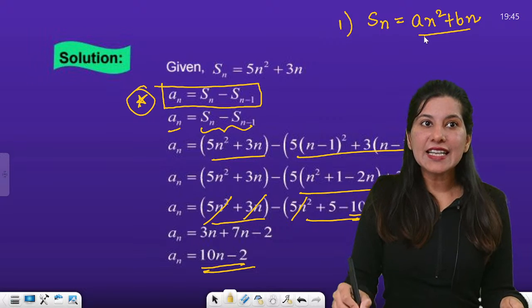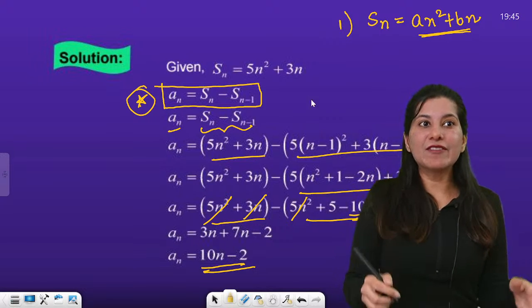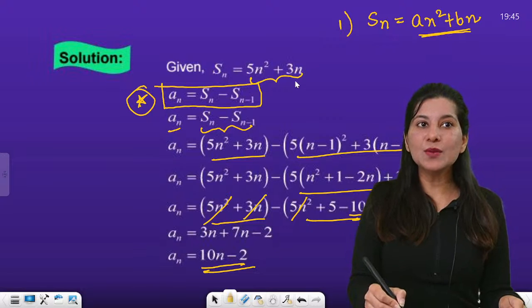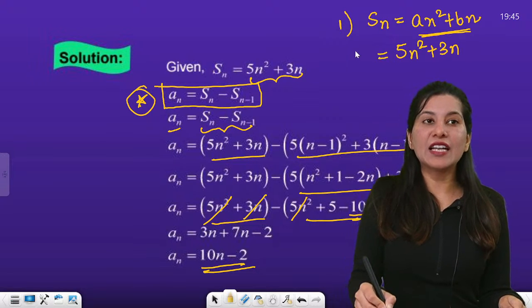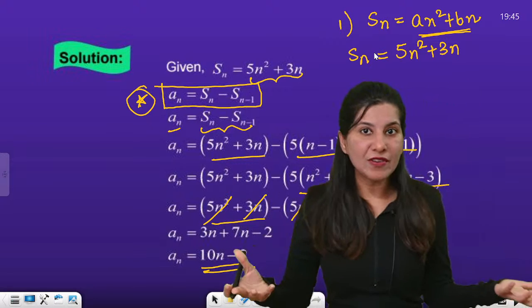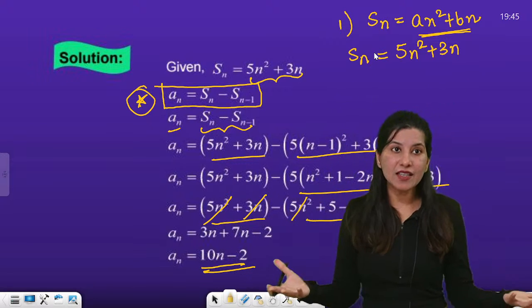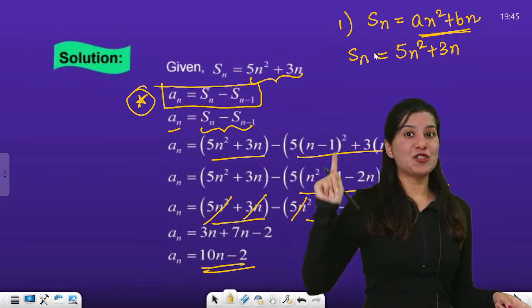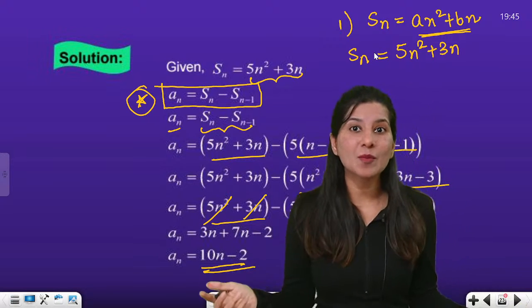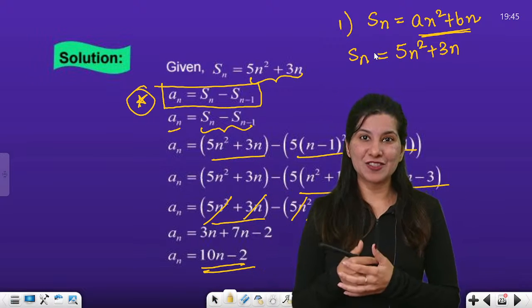The moment you see 5n square plus 3n given as the sum of n terms, you can claim that this series is an arithmetic progression.